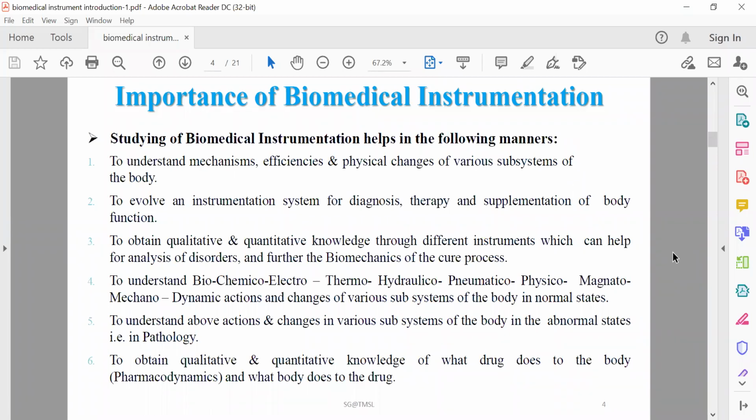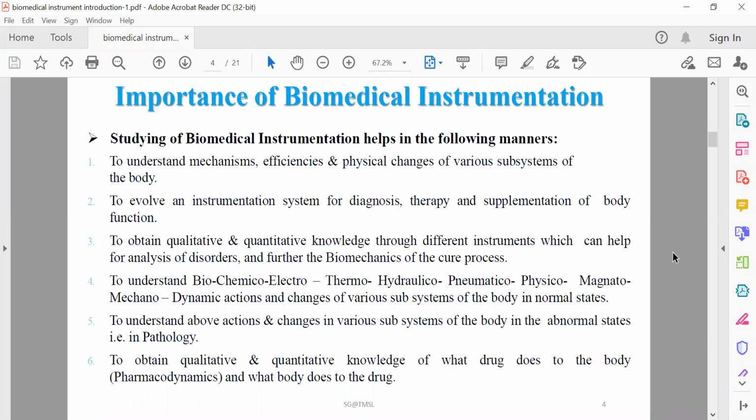Second is to evolve an instrumentation system for diagnosis, therapy, and the supplementation of body function. Number three is to obtain qualitative and quantitative knowledge through different instruments, which can help in the analysis of disorders and the biomechanics of the cure process.